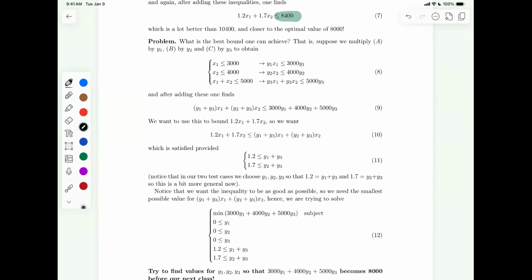Imagine I had chosen that y1 plus y3, something silly, is 0.5, right? And y2 plus y3 is, let's say, 1. Then you would have 1.5 x1 plus x2, right?